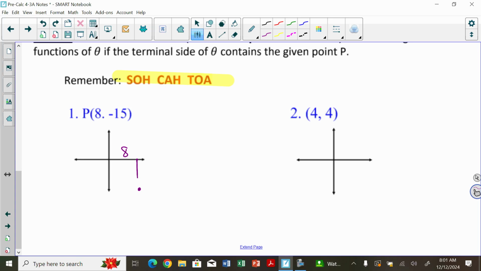So I can draw my line here. Here's my initial side, and my terminal side, and my reference angle goes here. That's going to be my r value. I don't know what that is at this point, but I know that x is 8 and y is negative 15. So I can find my r value by using the Pythagorean theorem.